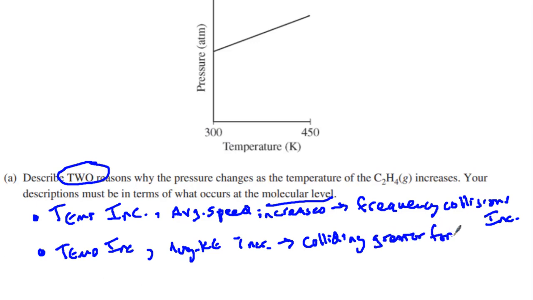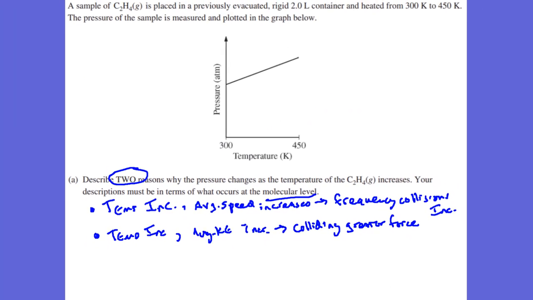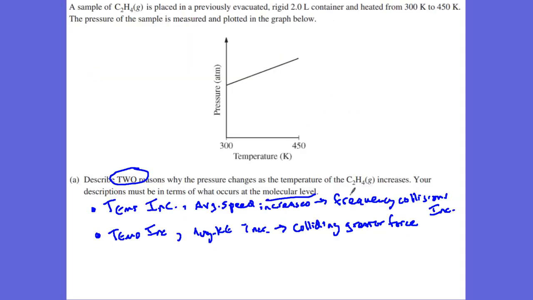As the speed increases, the frequency increases. As the kinetic energy increases, they hit with a greater and greater force. And that is actually worth 2 points. 1 point for each correct reasoning, so you can score yourself.